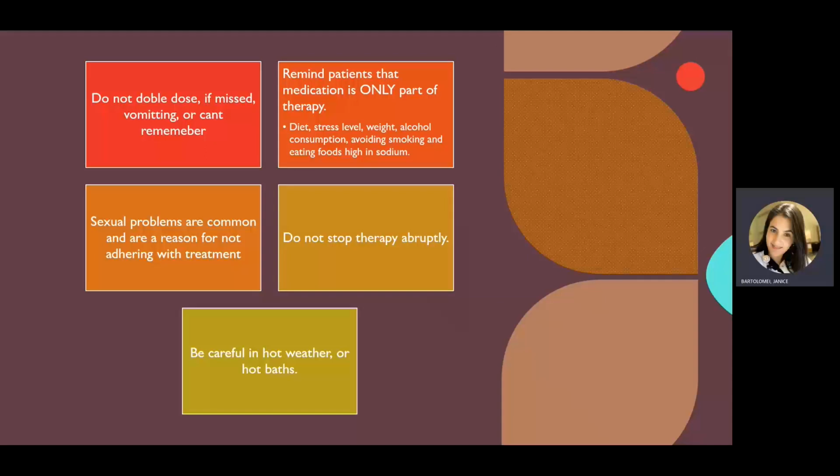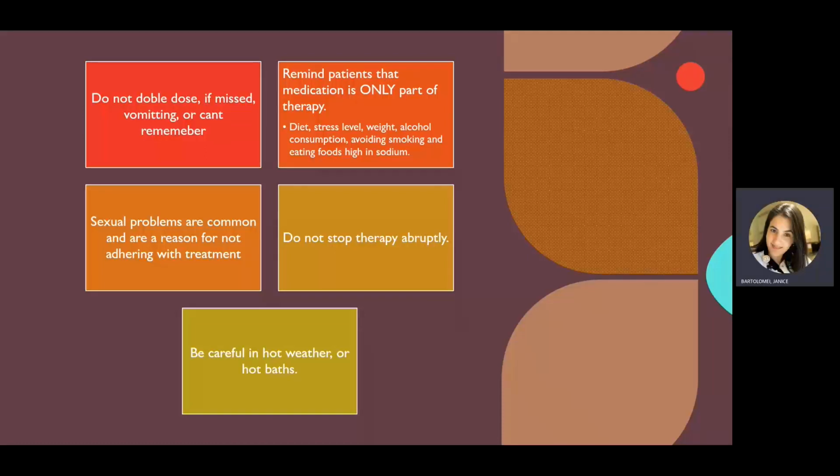So, especially on my males, they might stop the therapy because of that. So, allowing them to express and really ask those questions. Hey, have you noticed this? Is this something that you're experiencing? Well, please do not stop your medications abruptly. Let's go ahead and talk to your physician to see if we can get you a different medication.